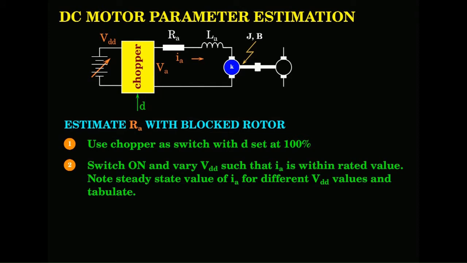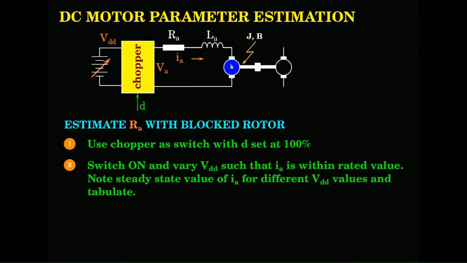Then you repeat the experiment. You can set a different value of VDD, but you should understand that there is no back EMF to limit the current. The only thing limiting the current is RA.